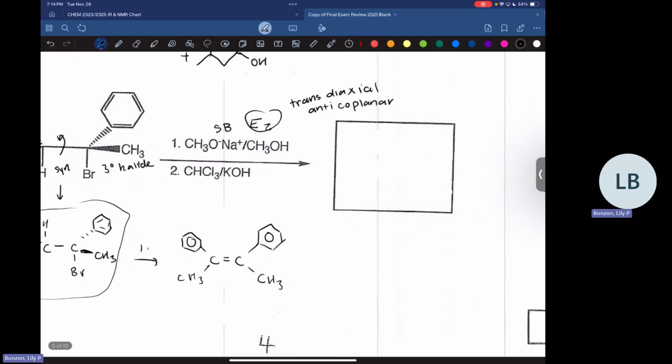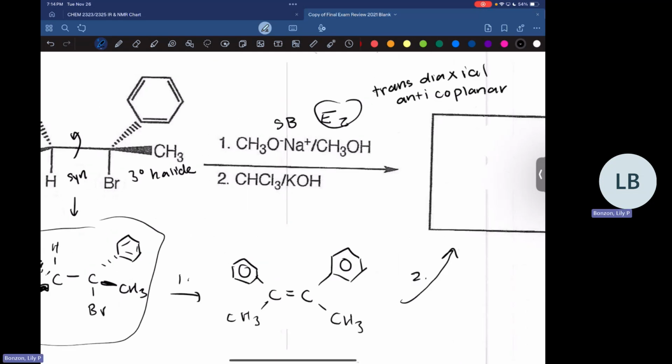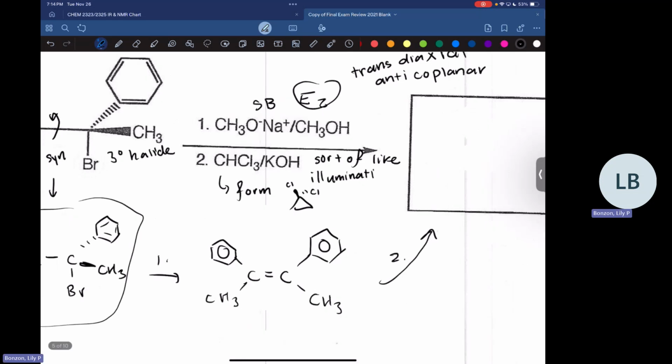So step 2, we have CHCl3, KOH. This one is similar to, I like Hamza's name for it, the Illuminati reaction. It's not the Illuminati reaction, but it's sort of like it. So this one, we form the triangle with the chlorines in the double bond position.